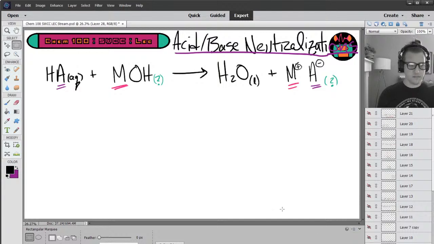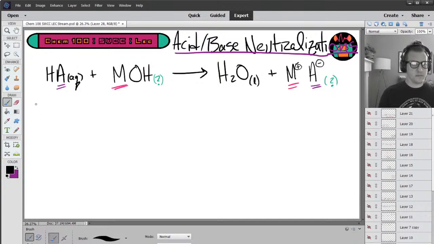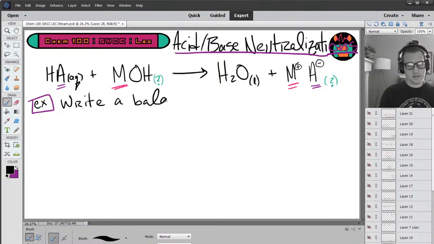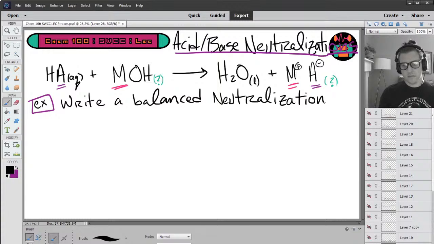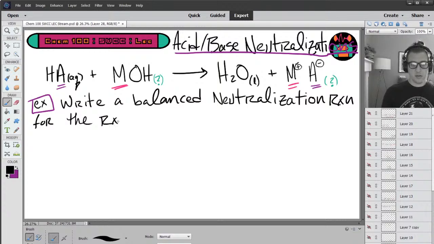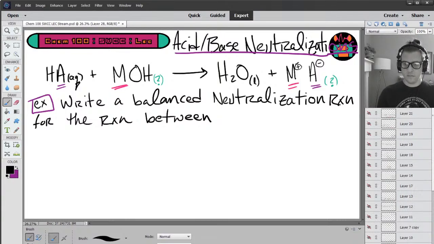All right, so for example, write a balanced neutralization reaction for the reaction between HClO2.